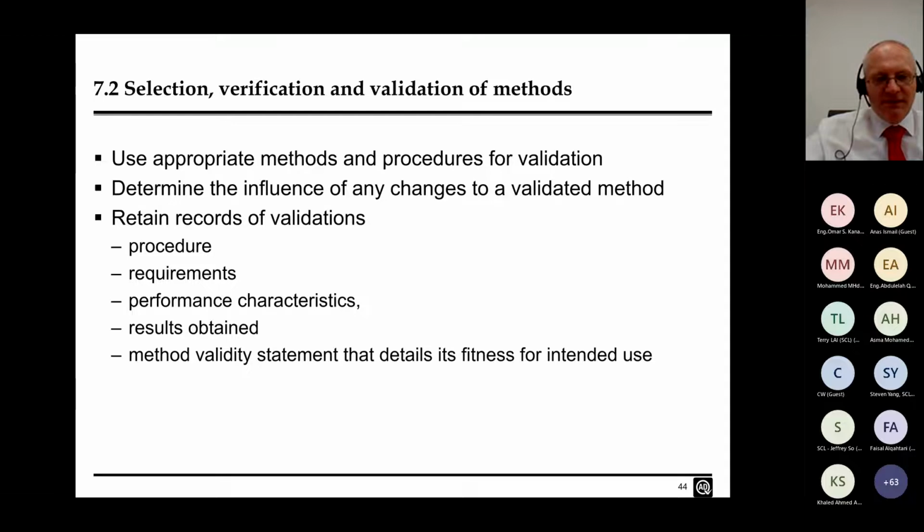So you need a statement that this procedure is fit for calibrations against these requirements. It's fit for its intended use. You need to make that statement.